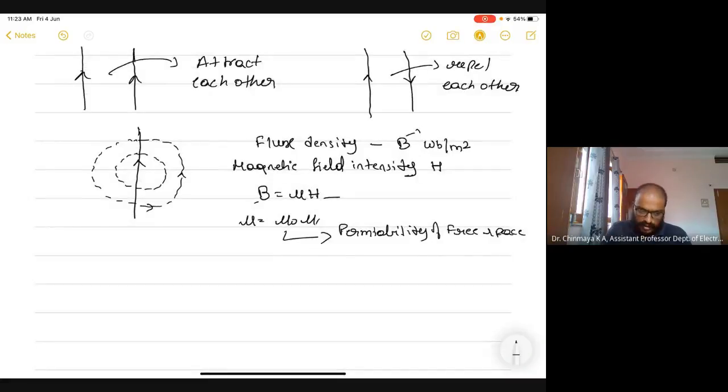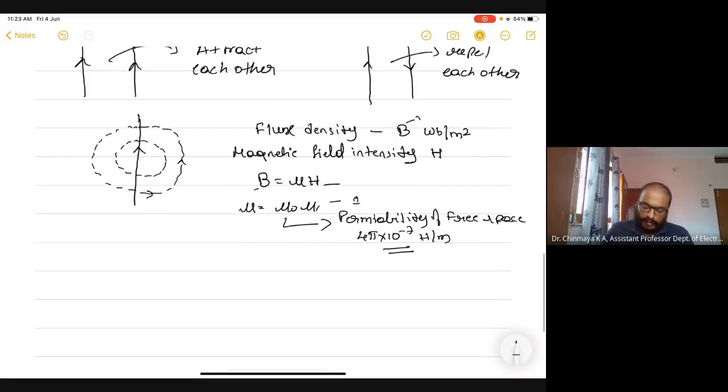Mu naught is equal to 4 pi into 10 to the power of minus 7 Henry per meter. In free space, mu r is considered as 1, and every other medium has its own relative permeability.